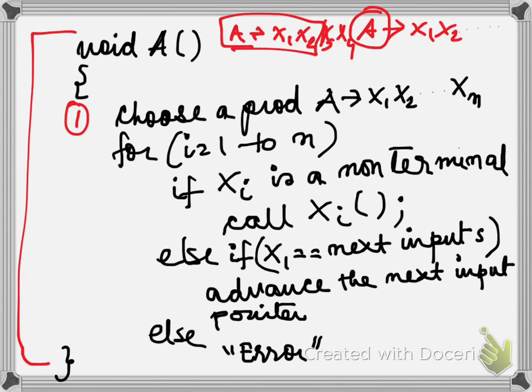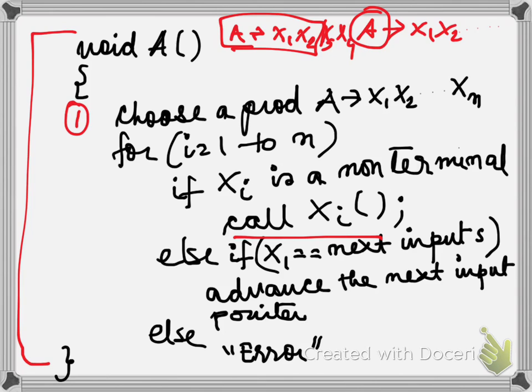Suppose I choose this. Then for i going from 1 to n, here n is 2, x1, x2. If xi is a non-terminal, then we will call the procedure related to xi. If xi is not a non-terminal, then it must be a terminal.